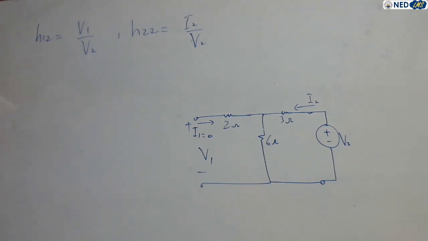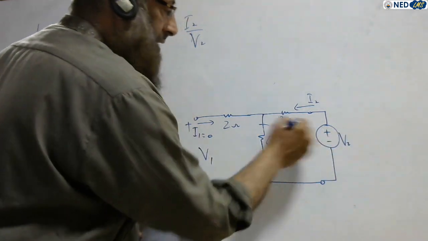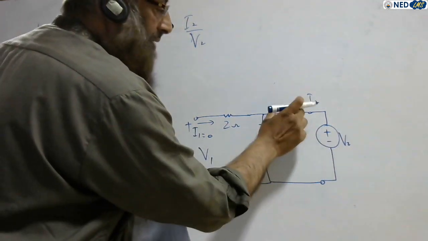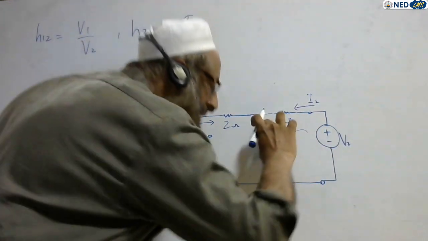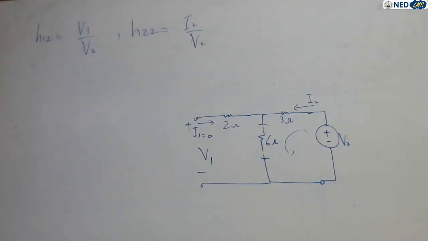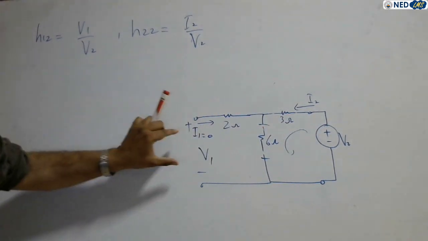What is this voltage V2? It is the sum of these two voltages, by KVL, Kirchhoff voltage law. So total voltage is equal to this drop plus this drop, right?